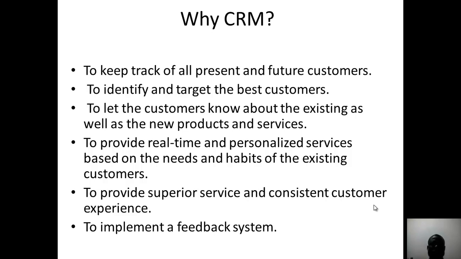And then to provide superior service and consistent customer experience. It also helps to implement a feedback system in which you can really get the customer's needs. Customers will tell you that, of late, these items are really moving, and instantly you can switch operation and start producing something to suit the customer. It really enables you to be on top of the business if you have a proper customer relationship management system.